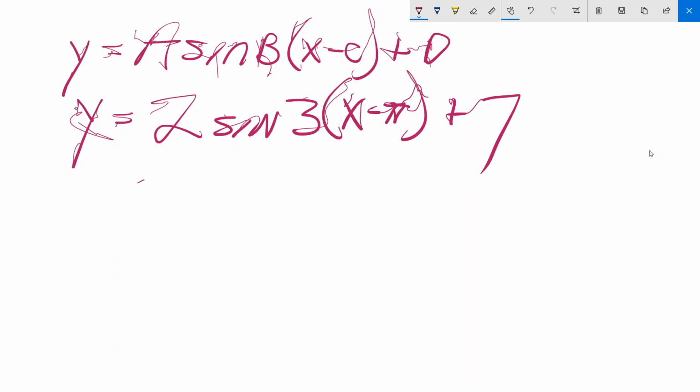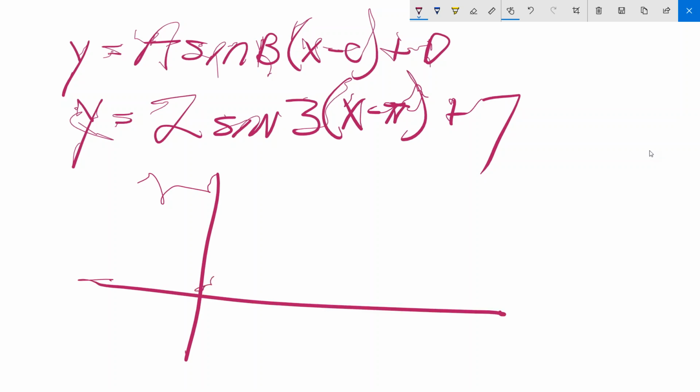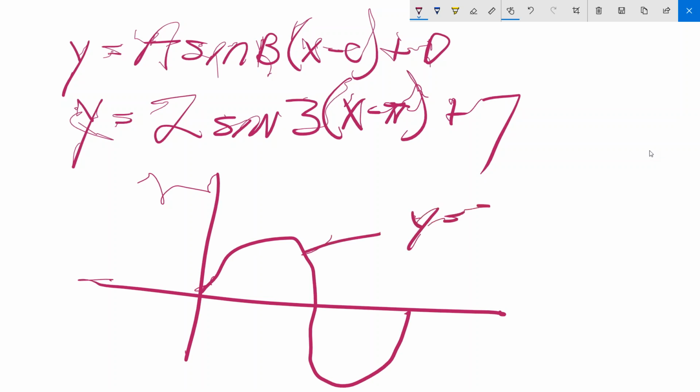So, if I were to take a sine function that is just strictly y equals sine x, in other words, a is 1, b is 1, c is 0, and d is 0. You got me?